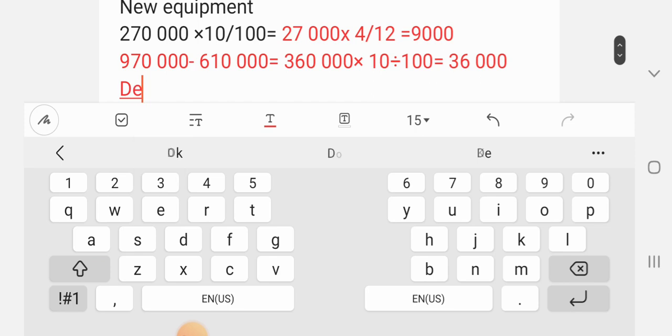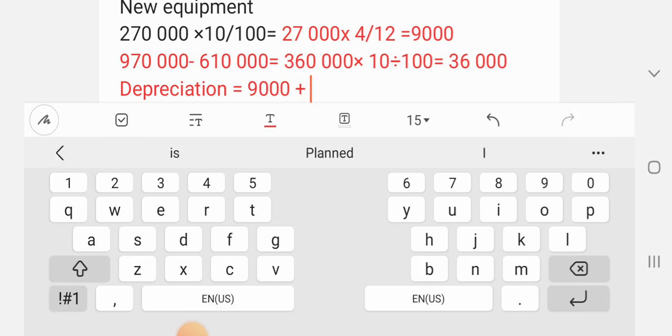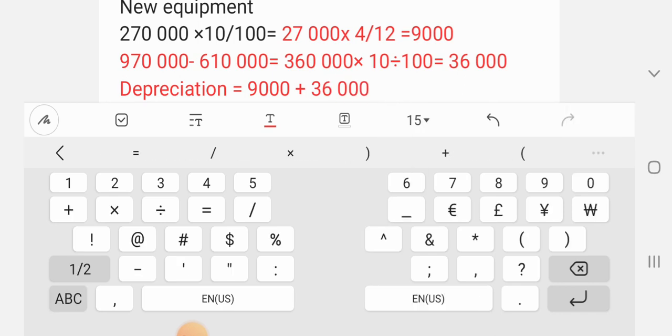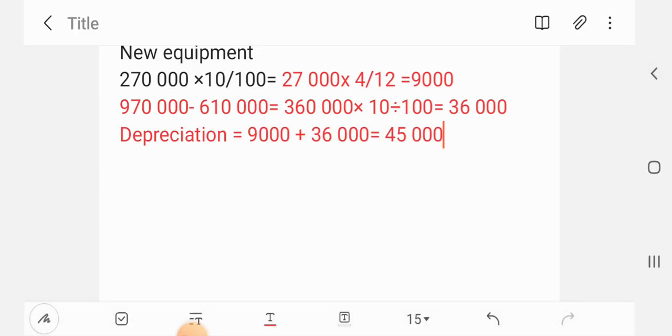Now the depreciation on the equipment equals to 9,000 plus 36,000 for the old and the new vehicles, that is 45,000.